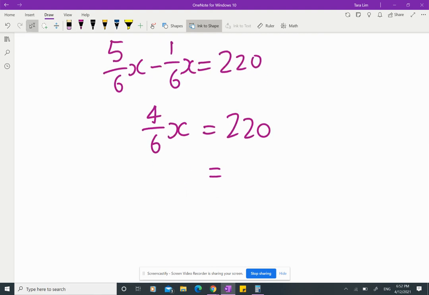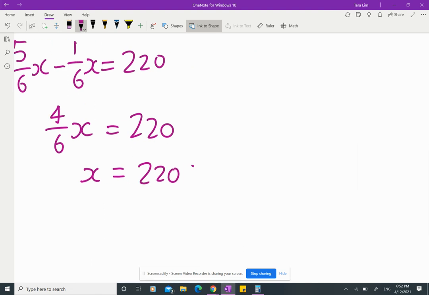Now I want to leave x alone, so 220 divided by 4 over 6. Remember, like in my past videos, I have done 220 divided by a fraction. When we divide by a fraction, remember we must always flip the divide sign into multiplication, and we need to flip this fraction so it becomes 6 over 4.